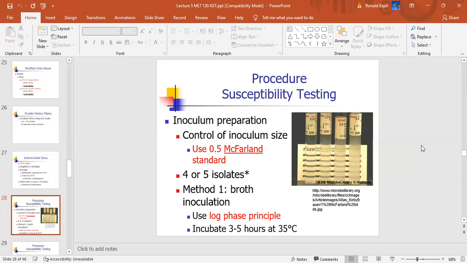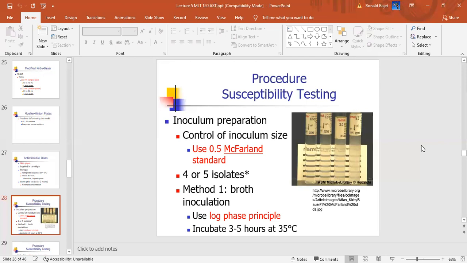You take a look at that tube you put into the heat block 4 hours later. When you're on the bench, you identify your organism. Let's say you're reading plates. It's 8:30 or 9 o'clock in the morning.